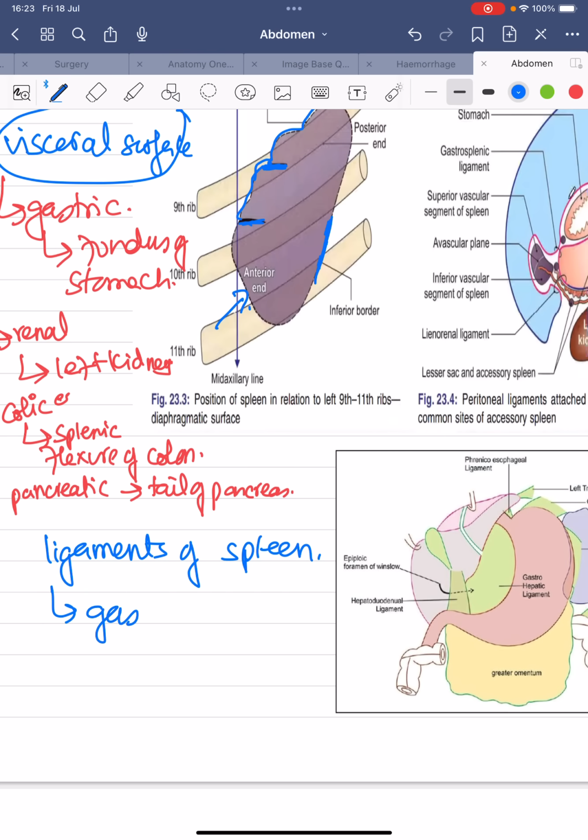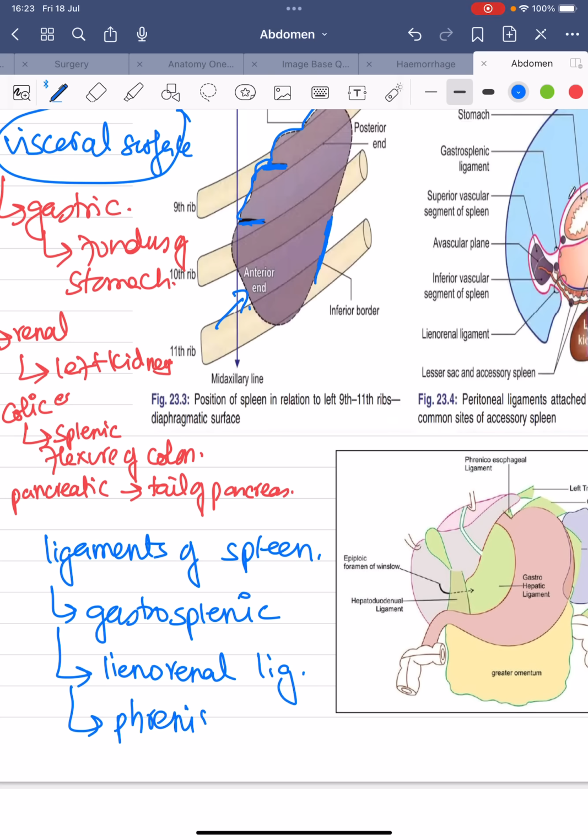Number 2, lienorenal ligament, or splenorenal ligament also. And number 3, the phrenicocolic ligament. So 3 ligaments you must remember.